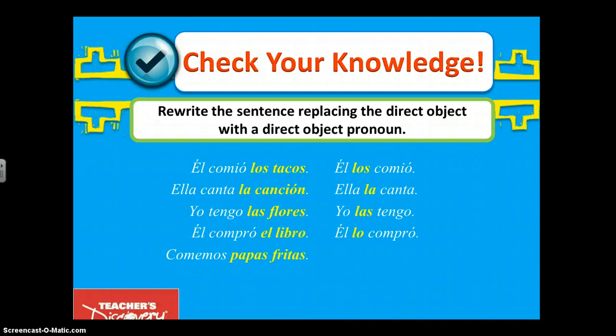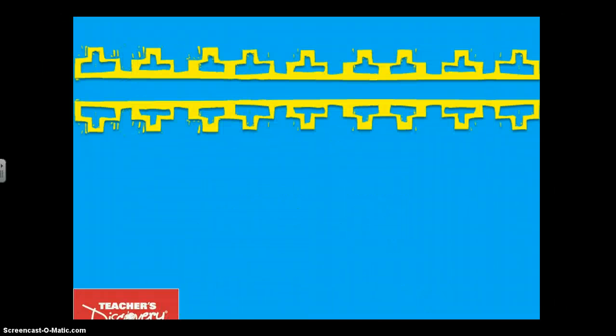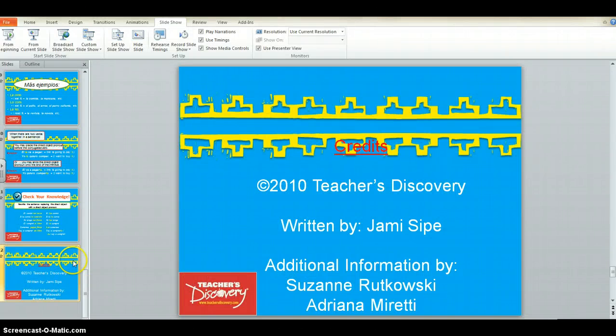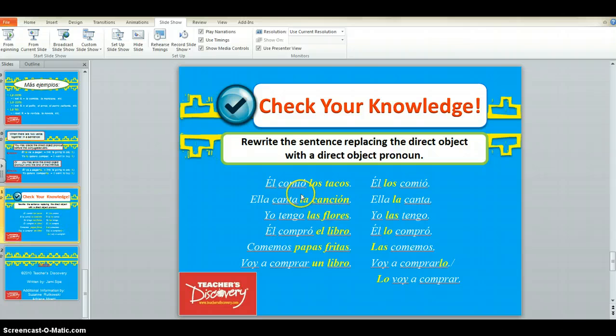But notice how the items in the left-hand column are all direct objects, and they're replaced by direct object pronouns. Notice how they all come before the conjugated verb.